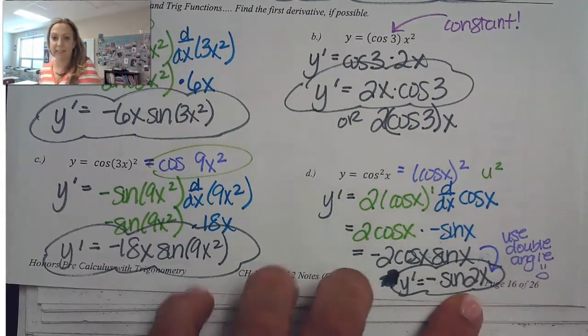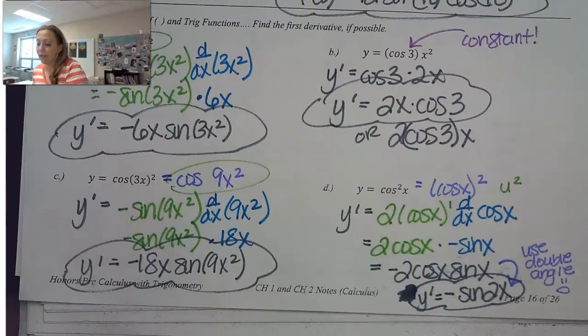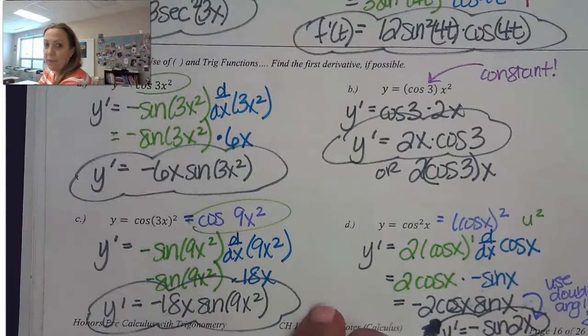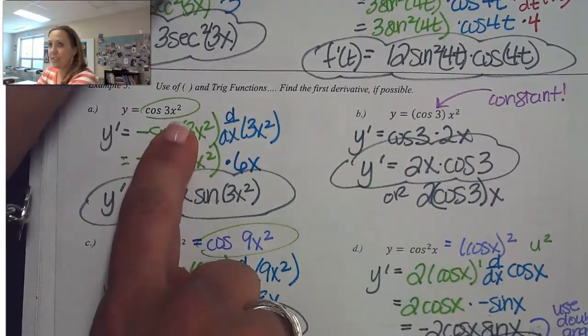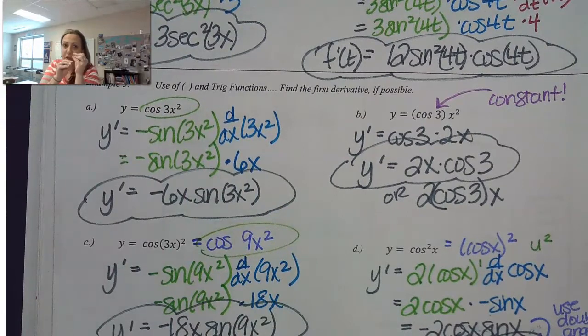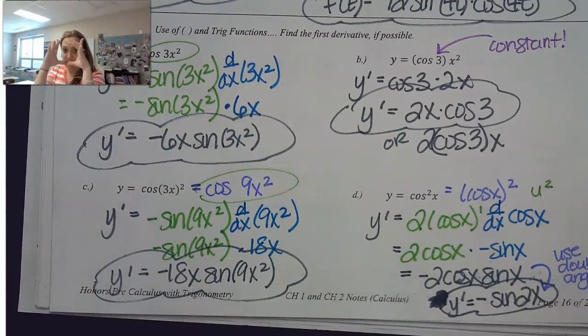Oh my goodness, okay. So notice that the placement of the square and the parentheses make a big difference. In something like letter A, it was just the x part of the argument that was being squared. Whereas in C, it was the whole argument 3x that was being squared.